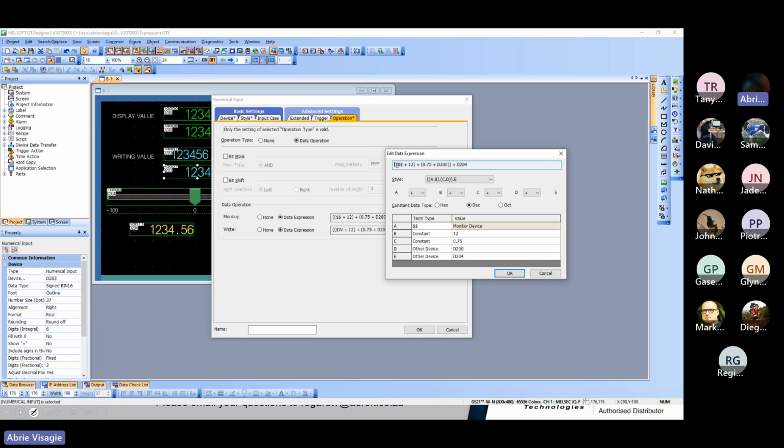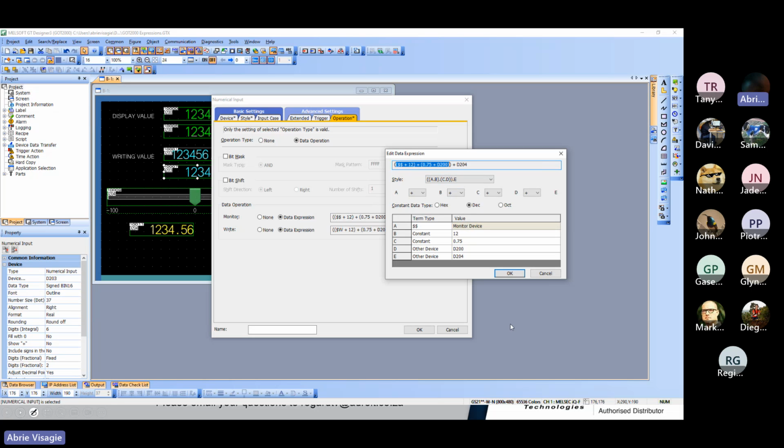But as we see in the expression here, first off, we'll take our value that we have written. We'll add 12 to it, and next operation, we see that we're reading a constant of 0.75. We're taking from value 200, which is seen over here being received from GXWorks, and we are calculating the sum of that.